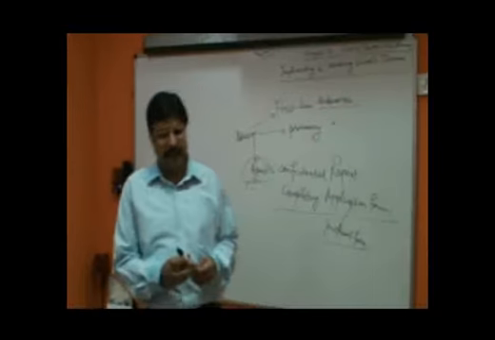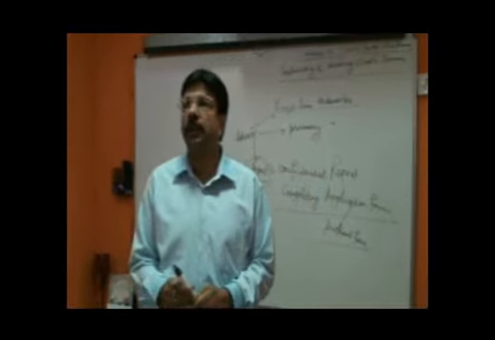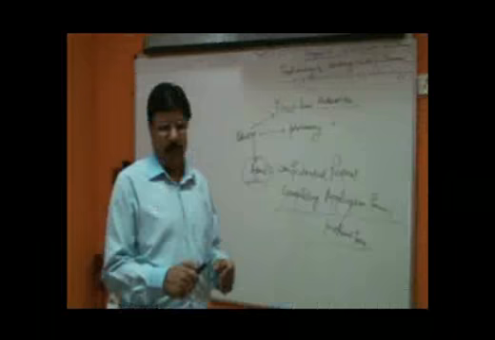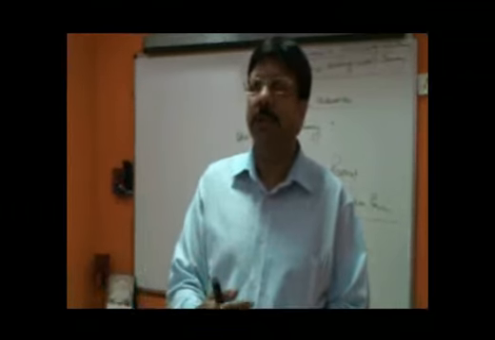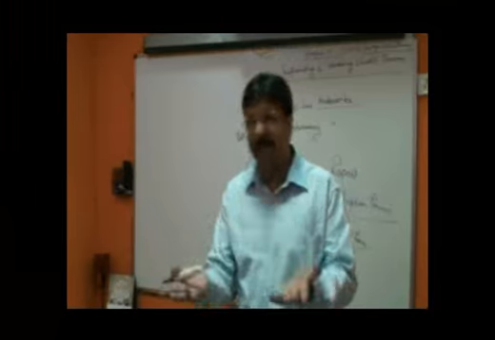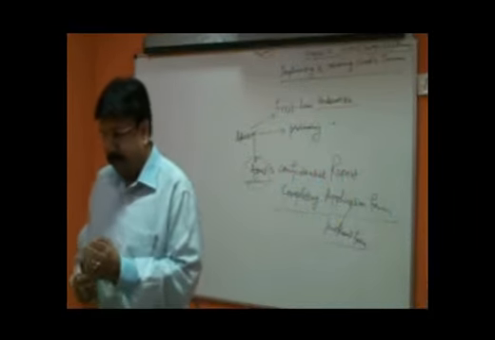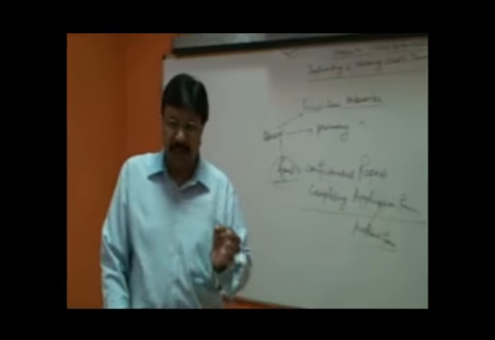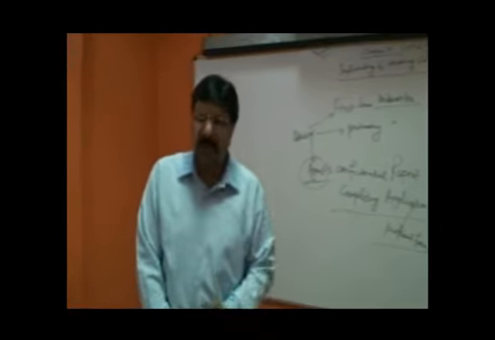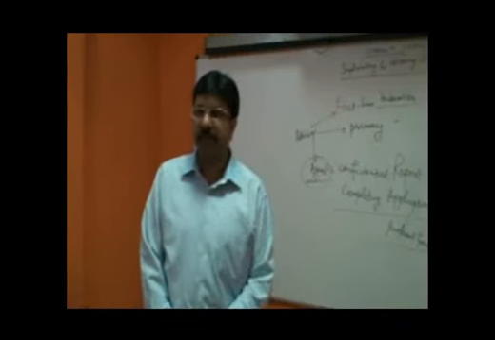Now we come to the next subtopic of this chapter, which is the frequency of review. The advisor should endeavor to review the insurance coverage required by the client from time to time. For example, today the advisor has been able to convince the client that he needs a sum assured of, say, rupees 5 lakh.